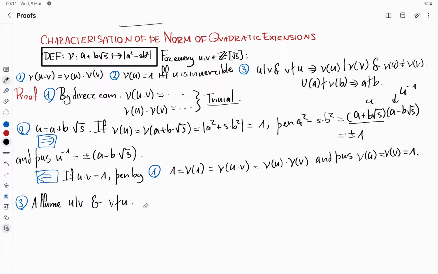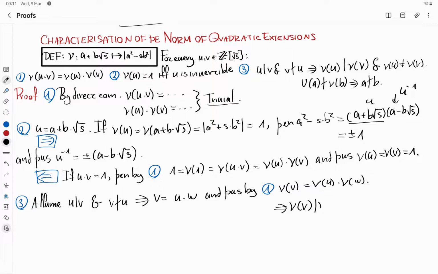So the first condition, we have that v is equal to some u times w, and thus by claim number 1, we have that nu of v is equal to the norm of u times the norm of w, and thus the norm of u divides the norm of v.